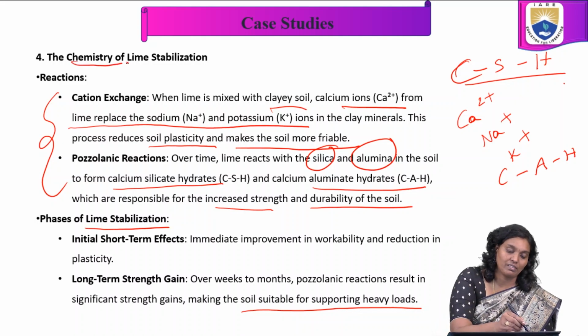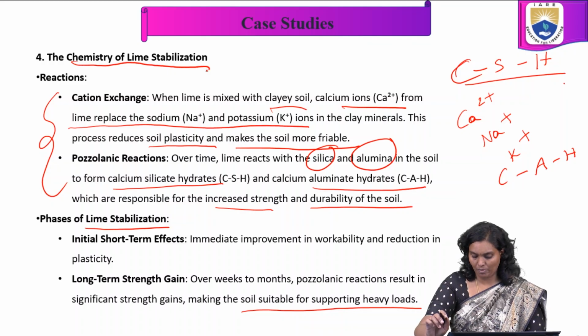So this is the chemistry involved in lime stabilization.